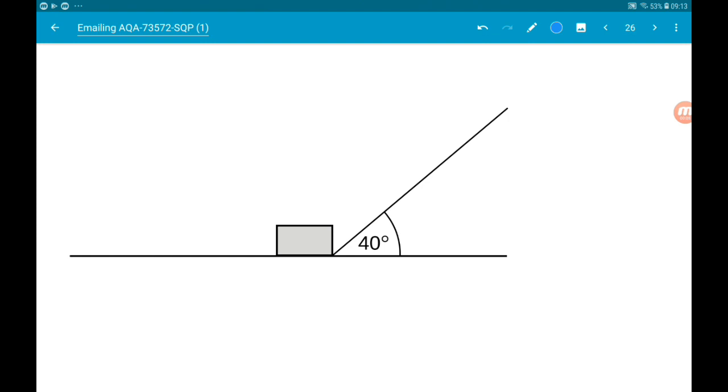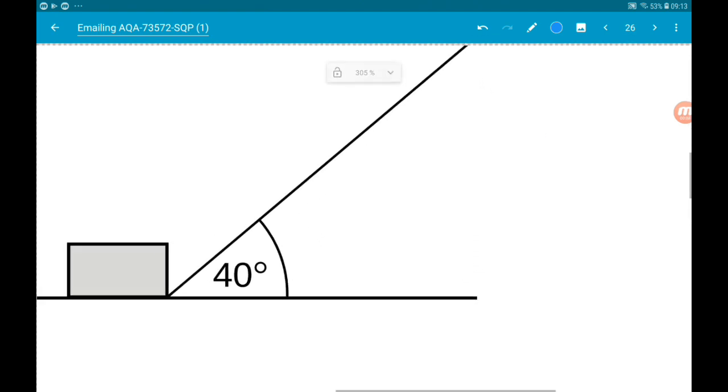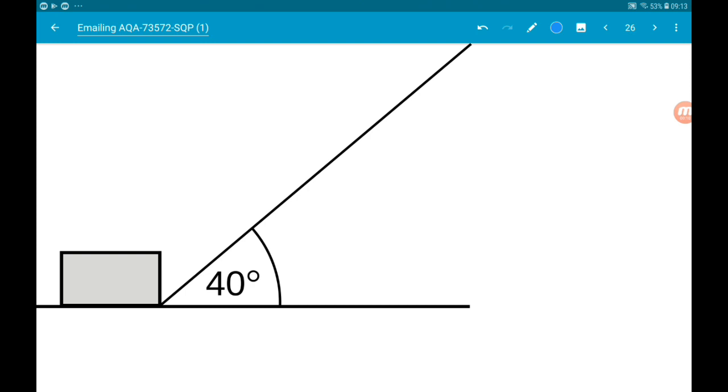So first of all, let's deal with the string. We know the force, or the tension, is working up and to the right, and has a magnitude of 50 newtons. So I'm just going to write it as 50. Now what we can do is split this into the horizontal and vertical components. So 50 is the magnitude of this vector.